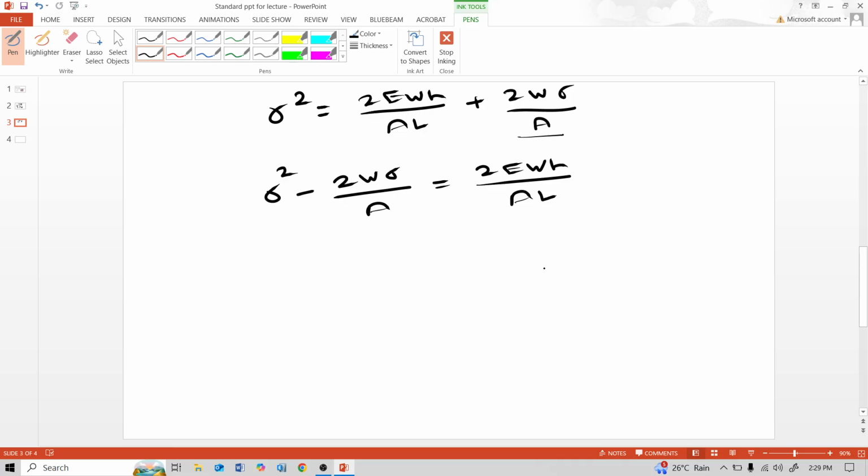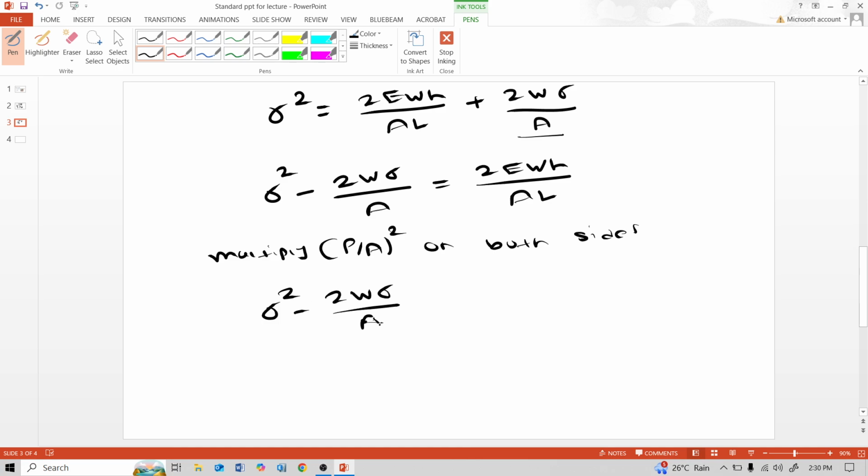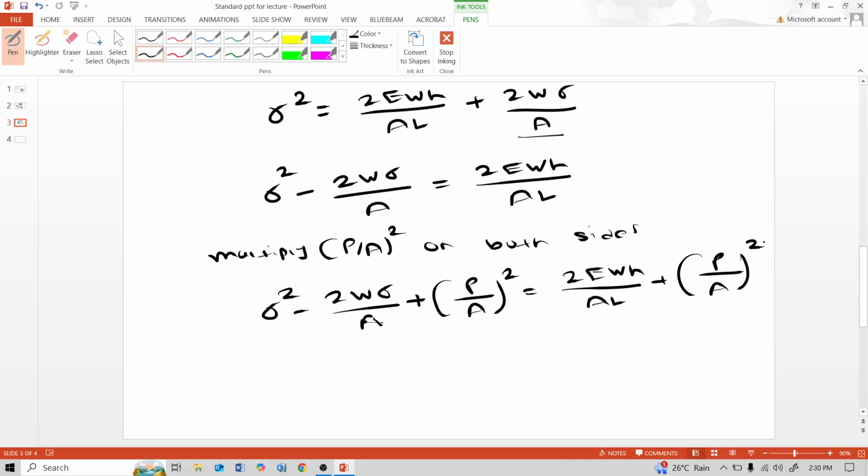Here add W by A square on both sides. And see, A minus B square is equal to A square minus 2AB plus B square.